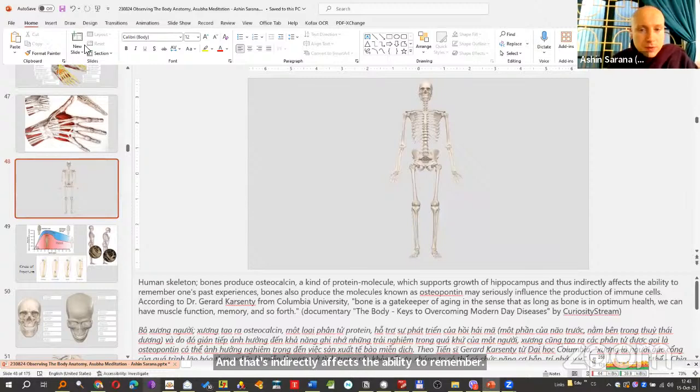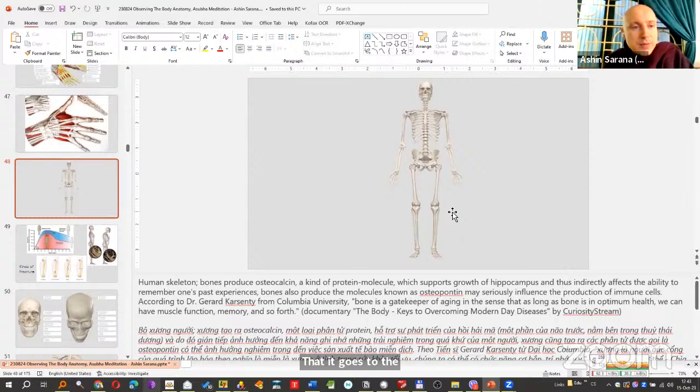So bones produce a certain chemical that goes to the brain and supports the growth of a brain portion, the brain portion that's used for memory. So as you can see, bones are responsible for your abilities to memorize. If you have good bones, well, then there is a high chance that you will also remember well. If you have bad bones, well, then the chance is lower.